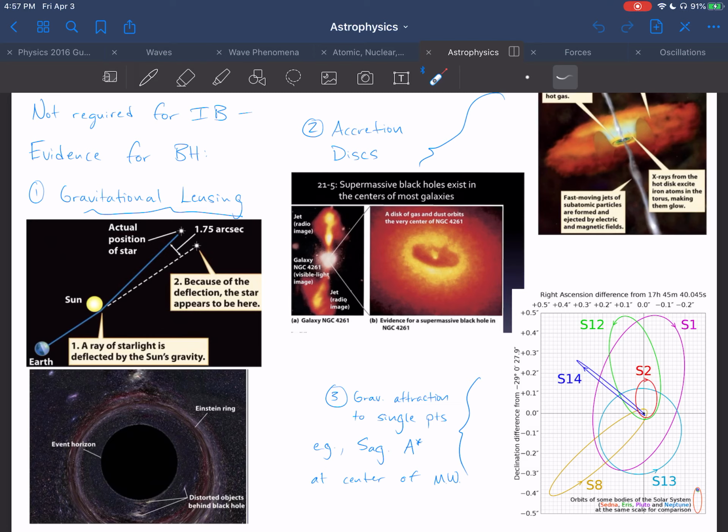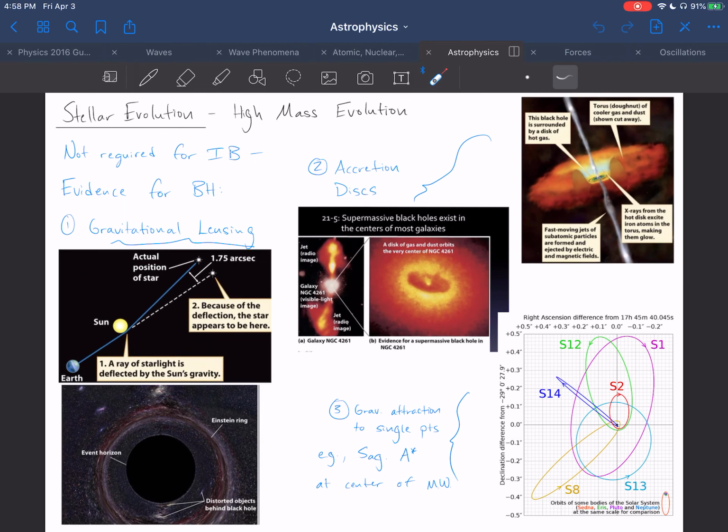If you do the math on the mass it would have to have to produce these orbits of the stars as they go around that supermassive black hole, you come up with a mass of roughly 1 million times the mass of the sun. And that is the supermassive black hole at the center of the Milky Way. This is very, very good evidence that these black holes exist.